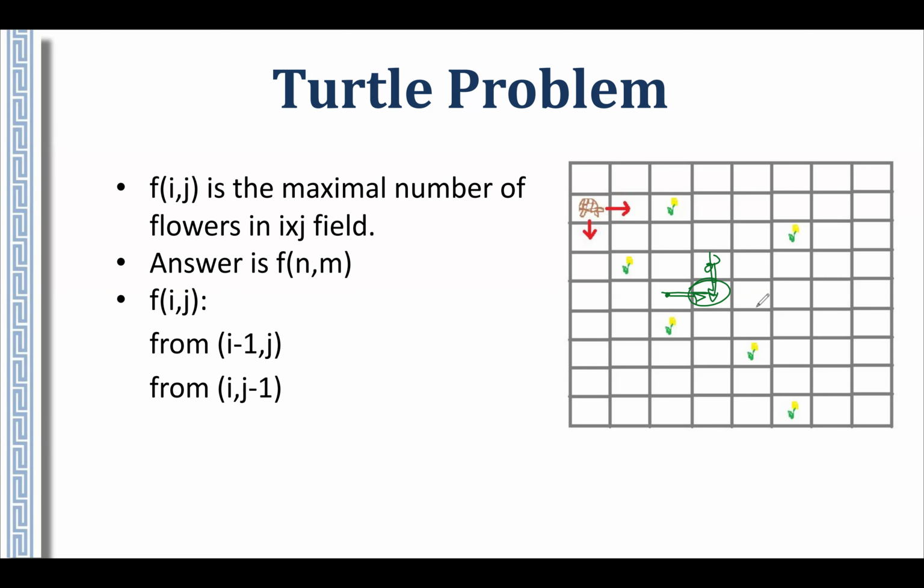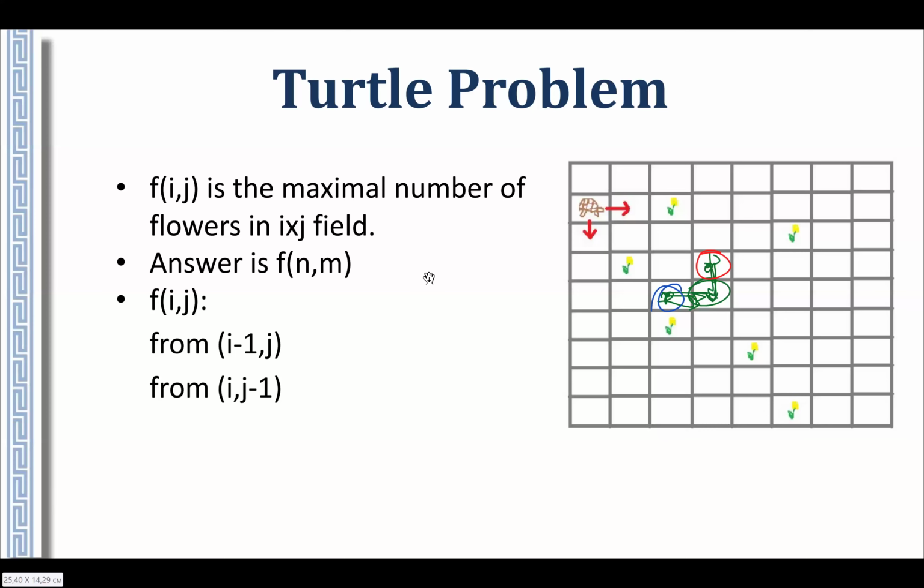So we can choose the maximum of the number of collected flowers from all these ways. It is the maximum from the first group and the maximum from the second group, but the maximum for coming from the first group is already stored in this position, and the maximum number of flowers that we can collect from all ways that come to this position is also already stored.